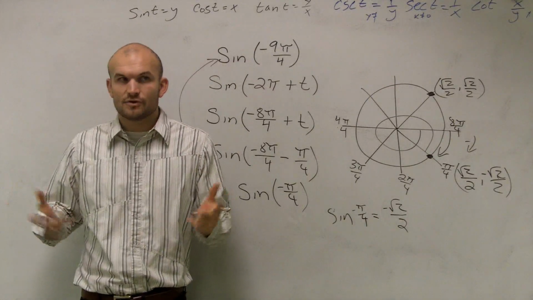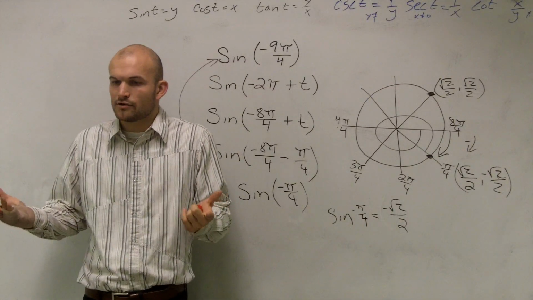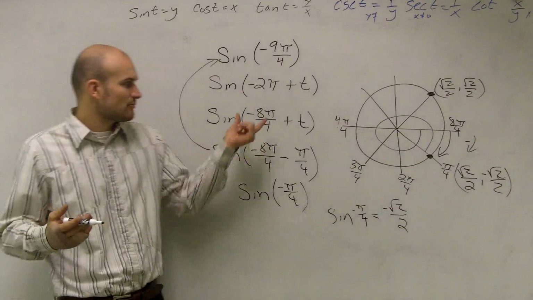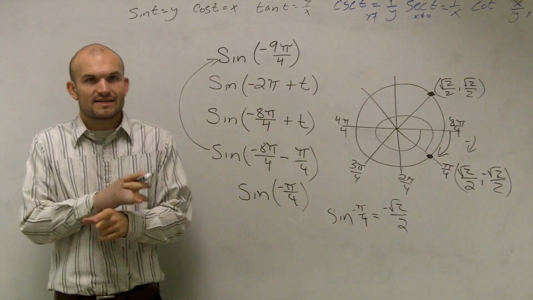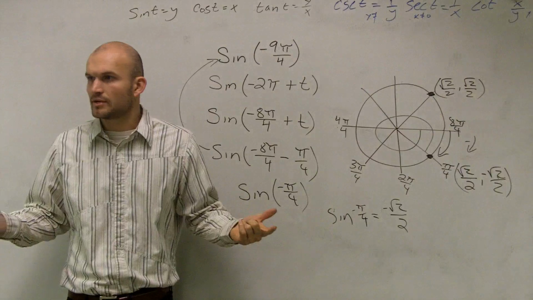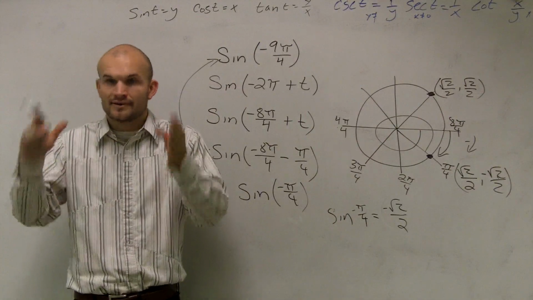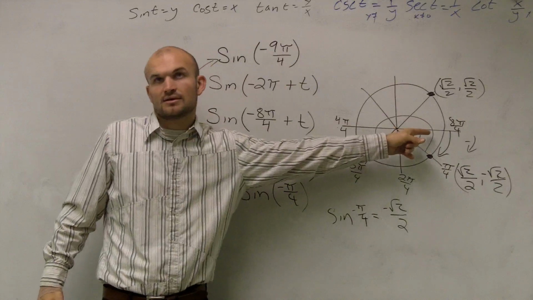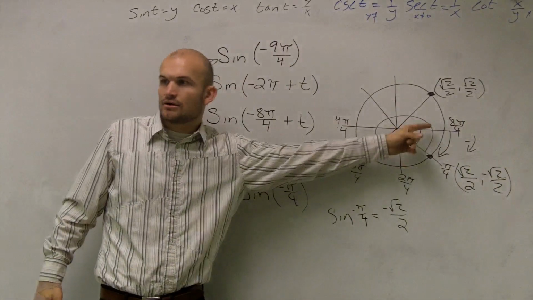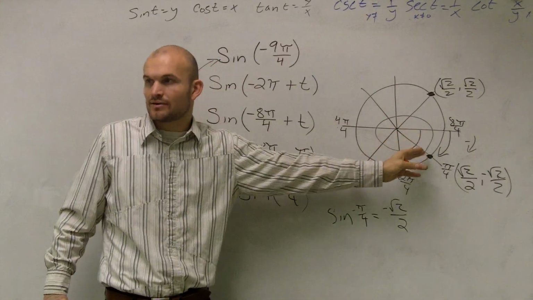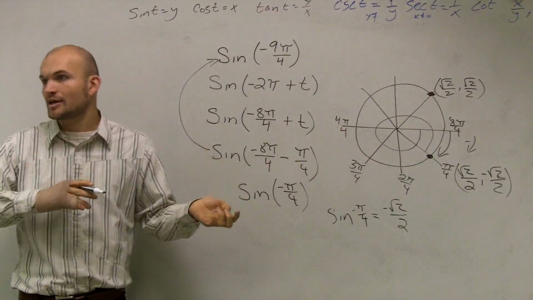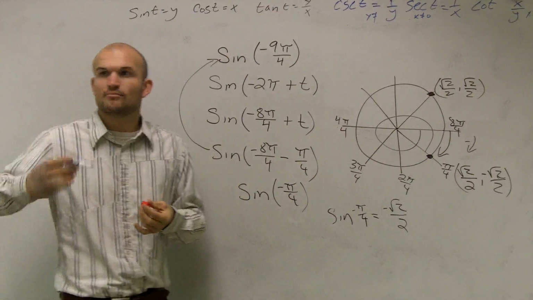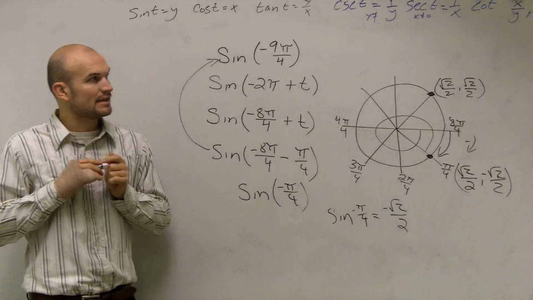So by writing it with the period as an aid, you're getting rid of all those multiples. You're just focusing on the smallest angle, the smallest path to get to your angle. So yes, you're getting rid of the coterminal part, the multiples of 2 pi. Okay. Anybody have any last questions on that?